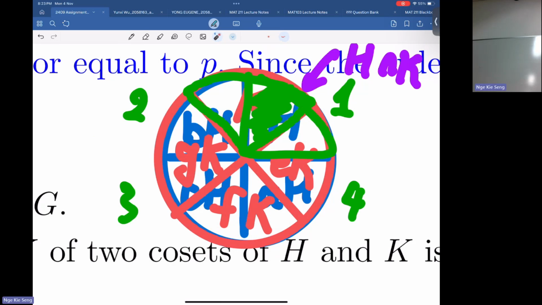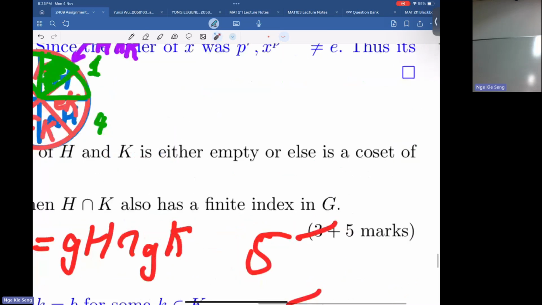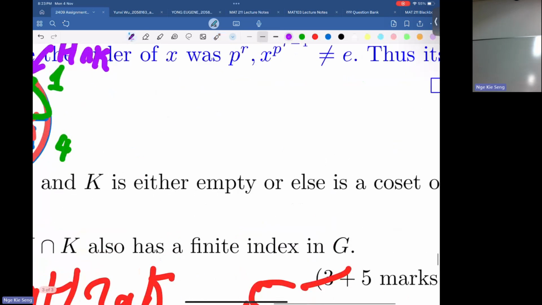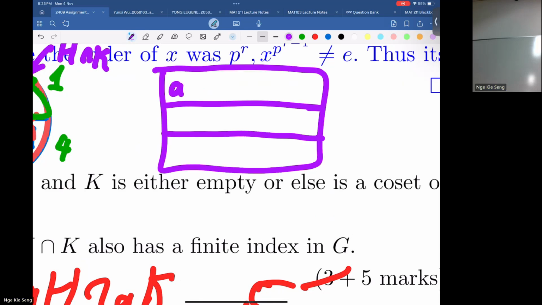Yeah. So I think there is another way you draw it. Maybe there's some case like this. You can cut it like this. I think this is what Seng does, right? AK, BK. And then what's the other way to cut it?